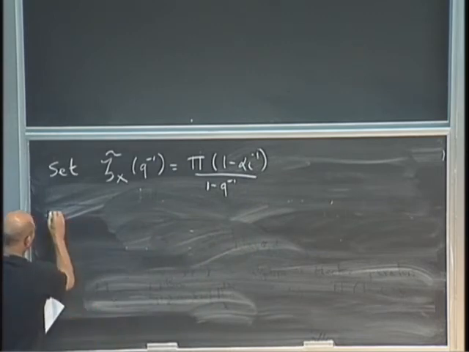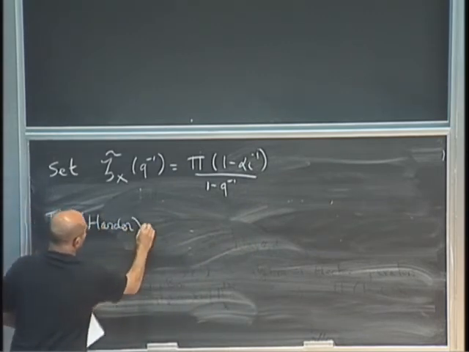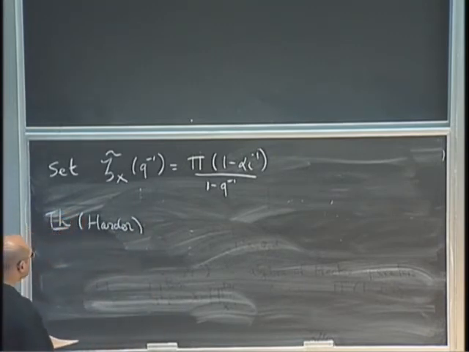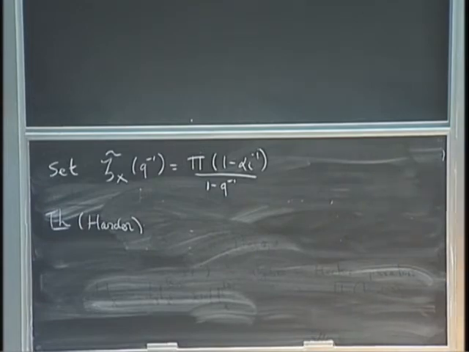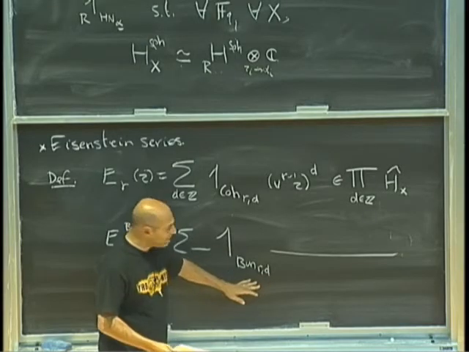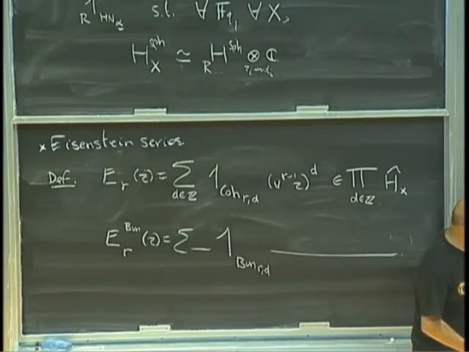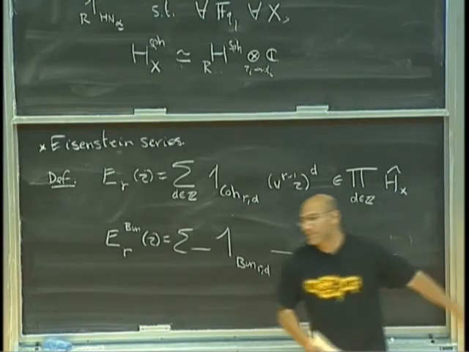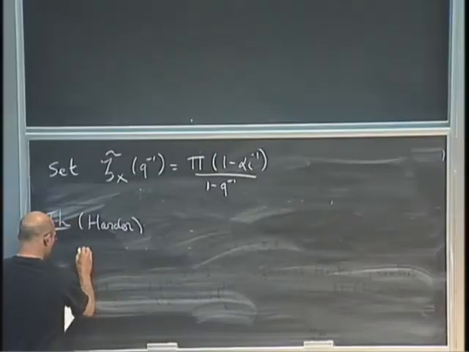Then the theorem of Harder is the following. It says that you can construct the constant function on Bun_R as an Eisenstein series built out of only E1s by taking an appropriate residue. So here's the formula.